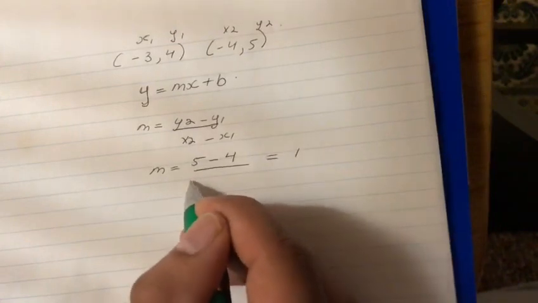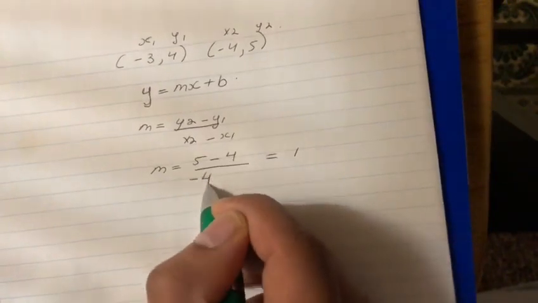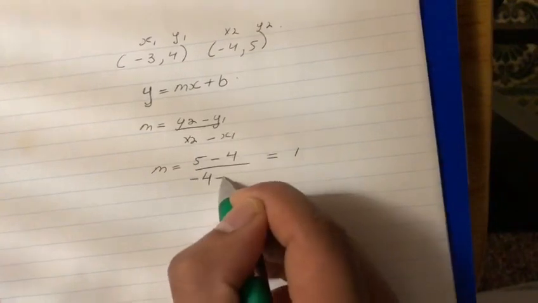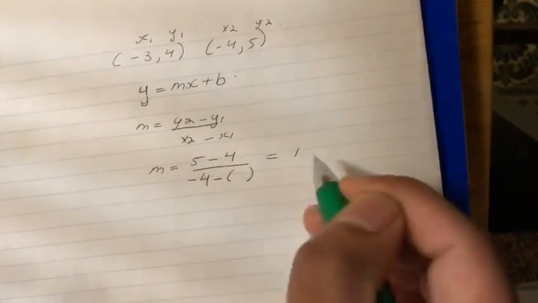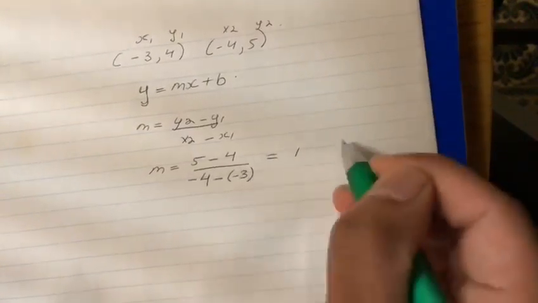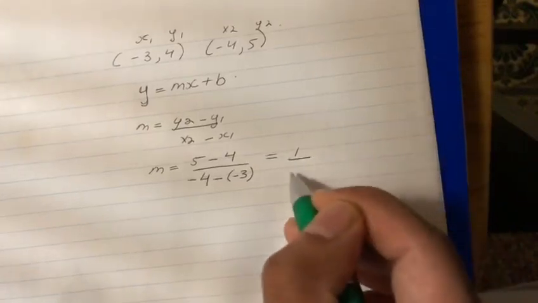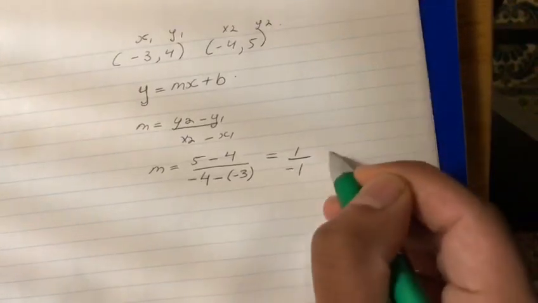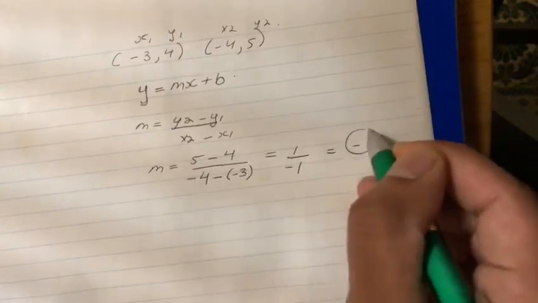And we have -4 on the bottom minus, I'm going to put it in parentheses so we don't confuse ourselves, -3. So this equals 1 over -1, which in fact equals -1 for our slope.